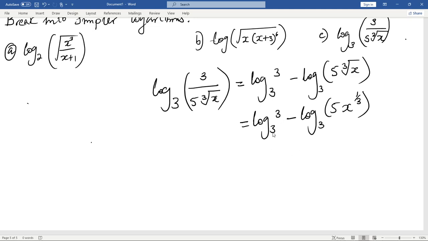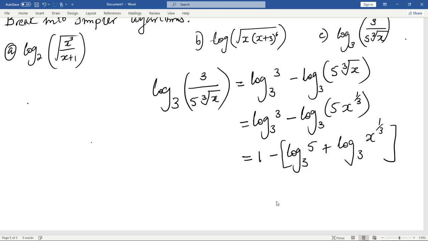Log 3 to the base 3 will just give us 1, so we're going to have 1 minus log 5 to the base 3 plus, since these are being multiplied, log to the base 3 of x to the power 1 over 3. Here we apply another property for logs where we need to drop this power. So we have 1 minus open brackets, log 5 to the base 3 plus 1 over 3 log x to the base 3.